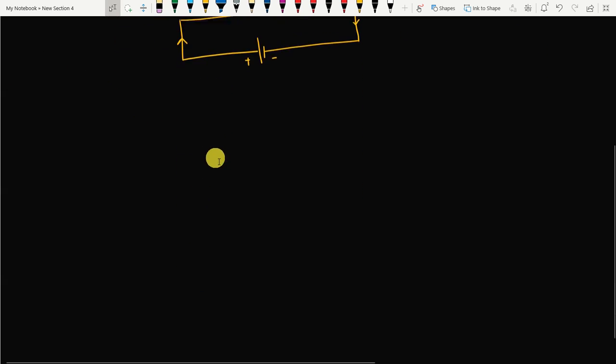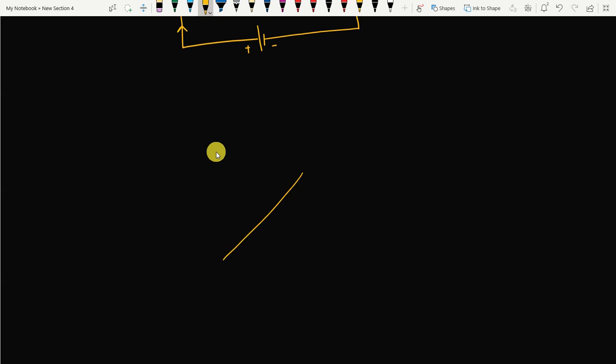Let us try to understand. We take a cardboard and make two holes. Let us say these are the two holes. We make two holes and pass a wire, a circular wire.